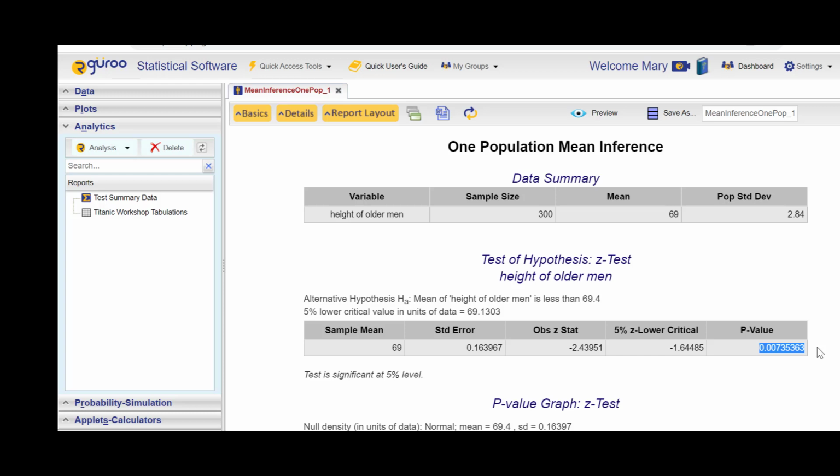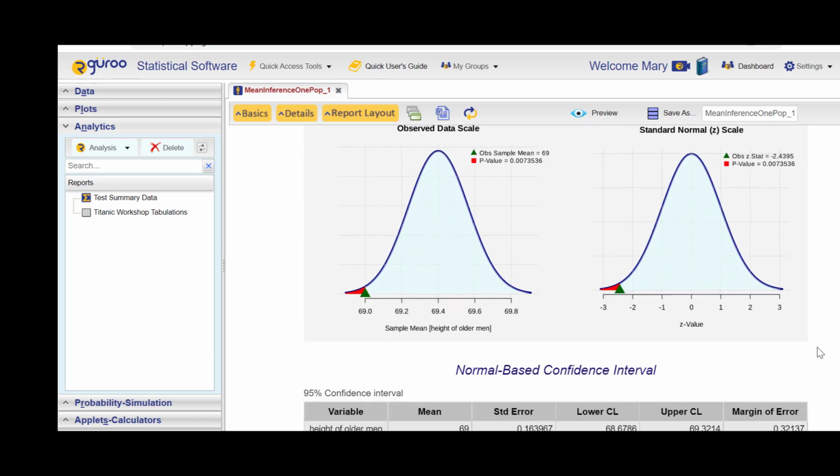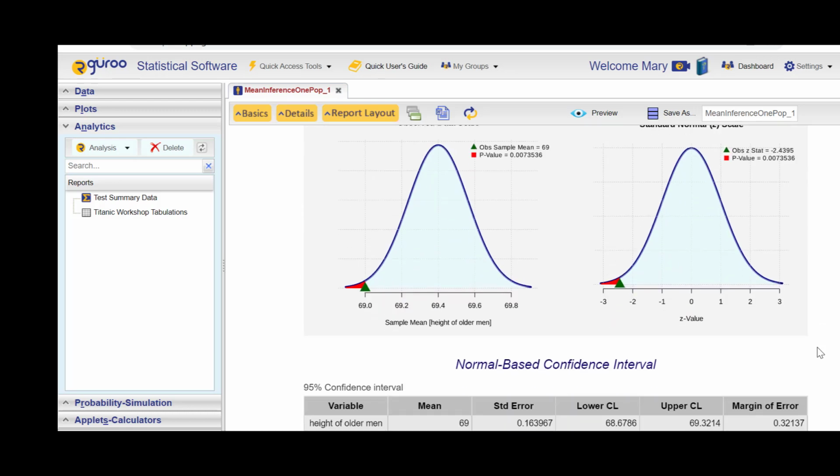And then just for later use, I'm going to skip down to the confidence interval at the bottom. We get 68.7 and 69.3.